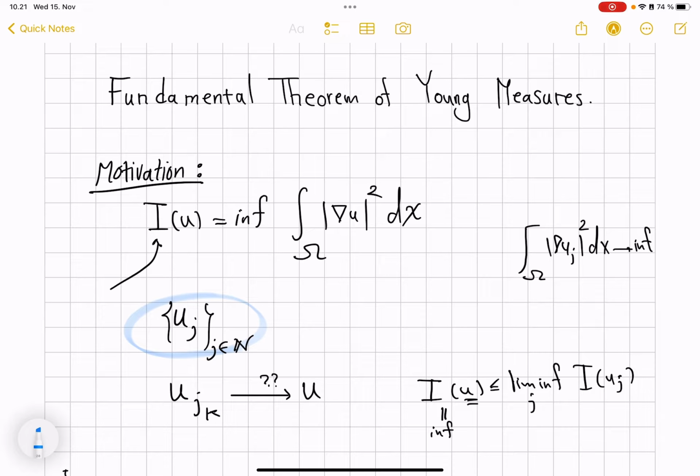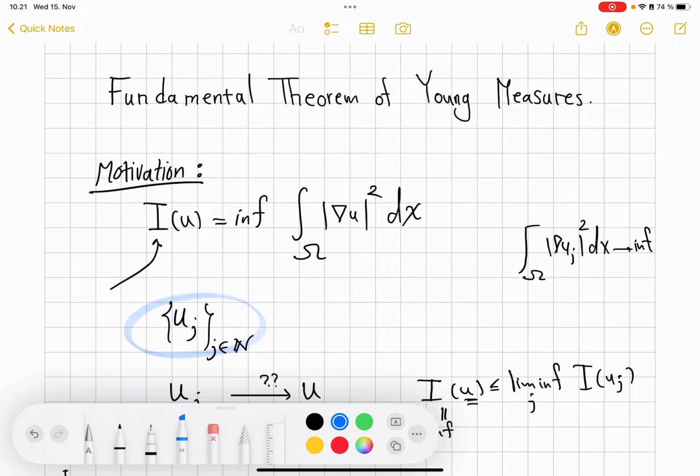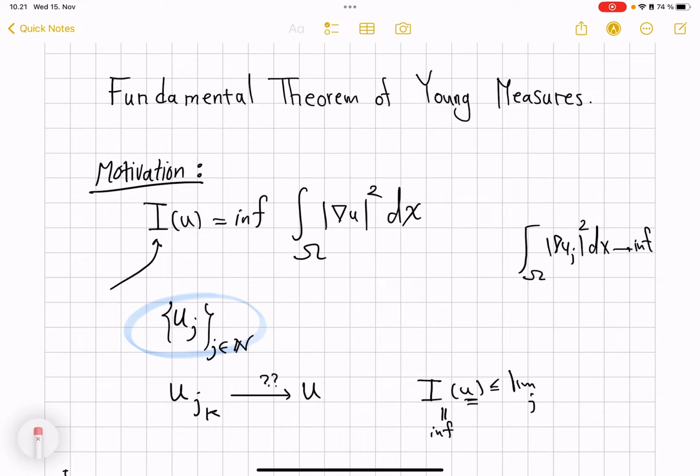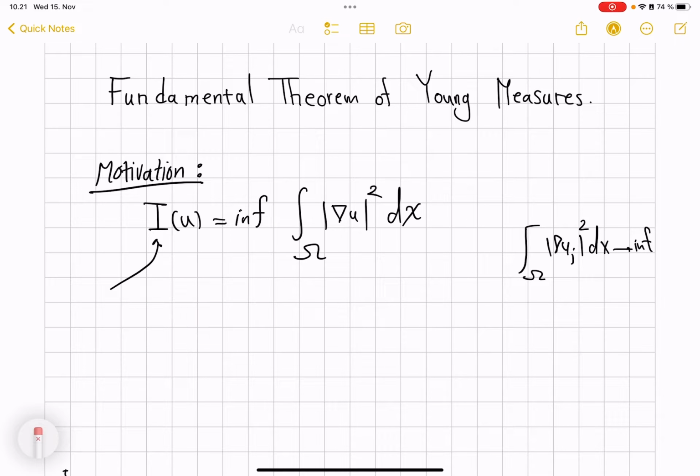But still, you want to make some sense of the behavior of these functions to understand your minimization problem better. So those were the applications, and examples were listed in that Wikipedia article. Calculus of variations, optimal control, PDEs are where this occurs quite often.